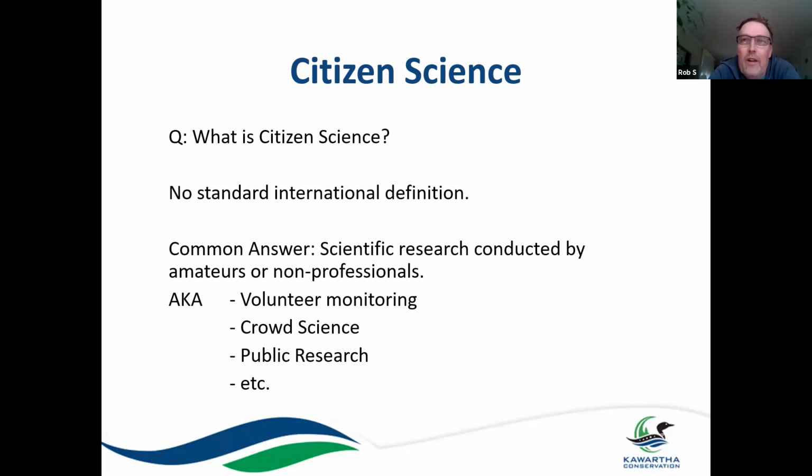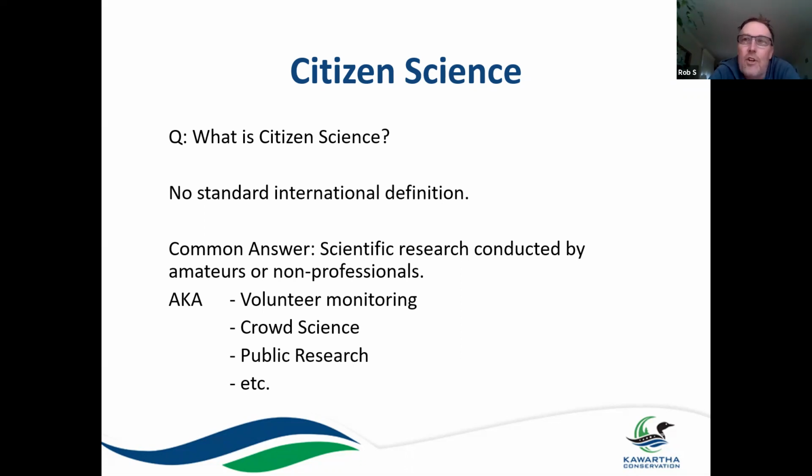So I think a better answer is just anyone who's involved in any kind of scientific research, whether they're volunteering or doing it professionally. So it can include basically the general public involved in scientific research.